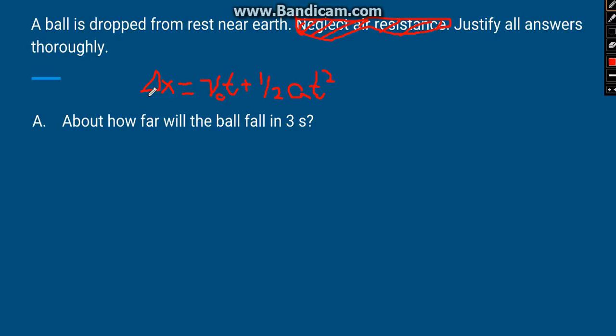For all of that refers to an object just being dropped from Earth, you're going to assume that a equals 10 meters per second squared. That's just when an object is in free fall, the acceleration is always 10 meters per second squared. So we're going to fill in what we already have for this equation.